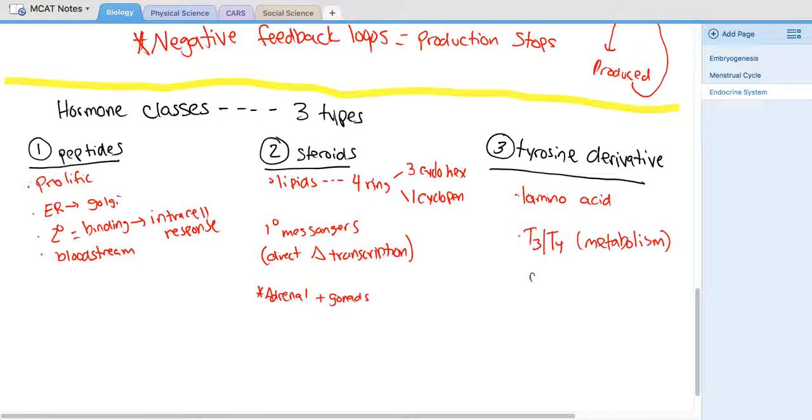And these are your catecholamines, so your epi, norepi. These are also known as fight or flight.